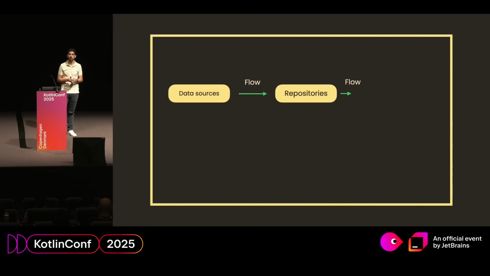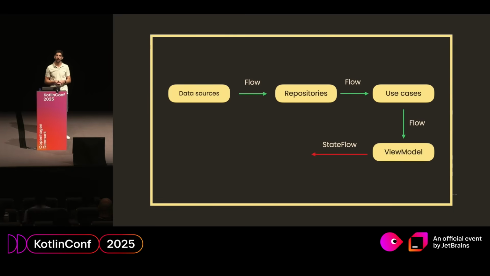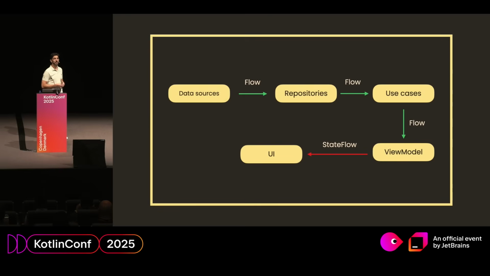Also, we saw how data flows in a typical application hierarchy. This is more or less common in pretty much all mobile applications. You can maybe skip some of the layers, but typically it's something like this. And then if you follow unidirectional data flow, you will see that data flows in that particular direction. And we typically expose flows.